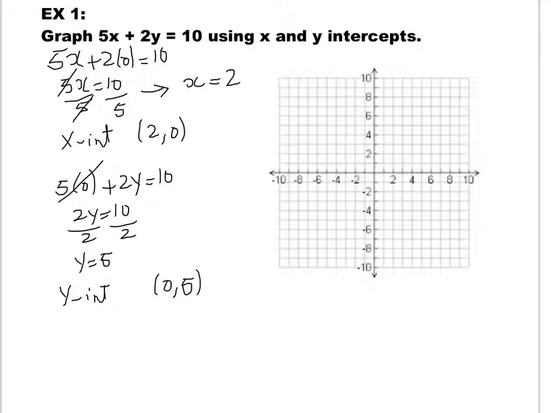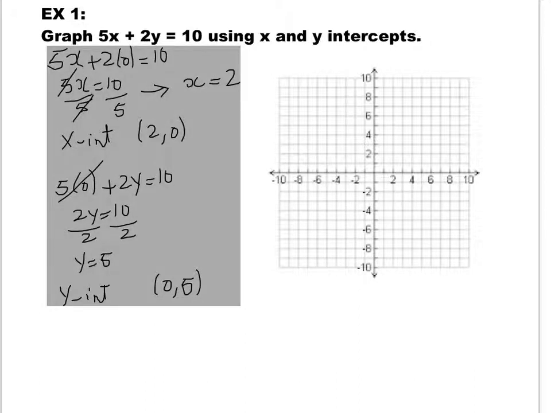Now we are going to go on our graph and start plotting the points. The first point we are going to plot is the x-intercept, which is given here, (2, 0), and the next is (0, 5), which is the y-intercept. The first one is (2, 0), so it's going to be the point here.